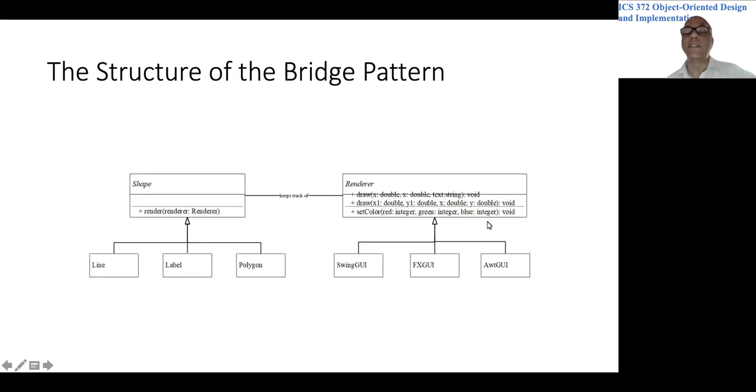We could have some understanding between the shape hierarchy and the renderer hierarchy that the integers for each of these three would range from, say, 0 through 255. 0 means no value for that particular color component, and 255 means maximum.